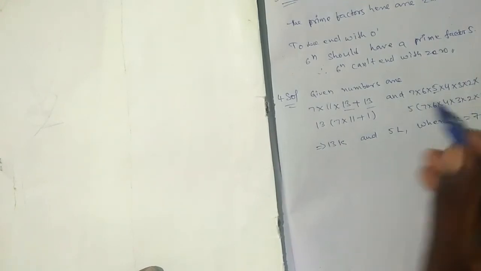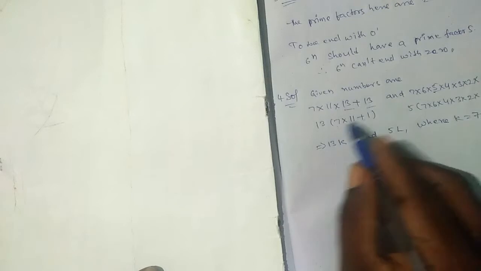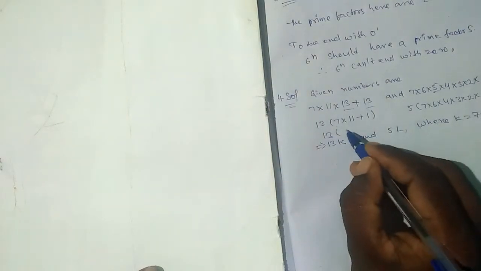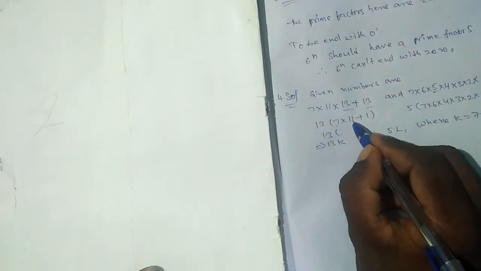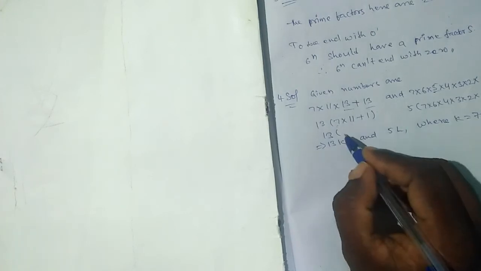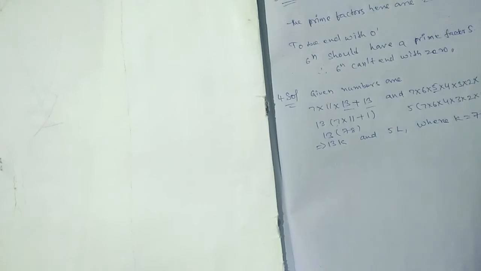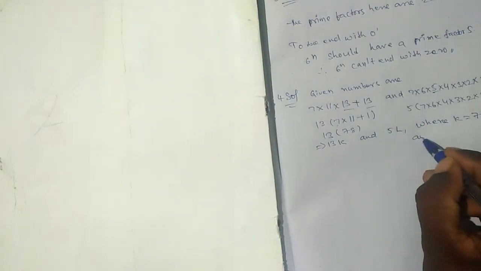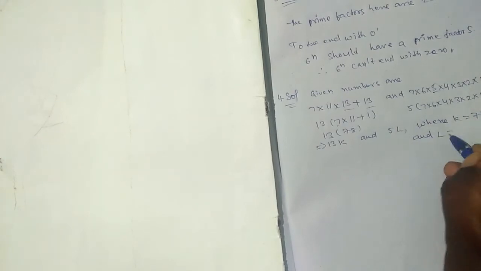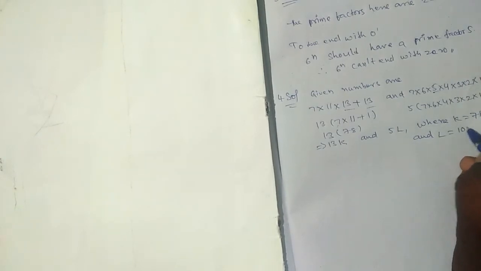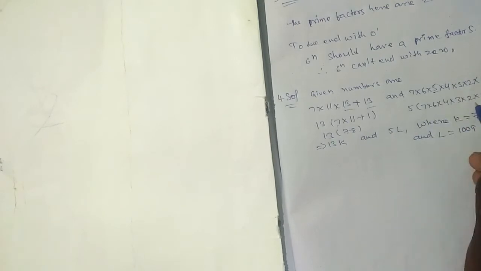If you multiply that, 13 into 7 times 11 is 77 plus 1, 78. And L is equal to 1009. If you multiply all this and add 1, you get 1009.